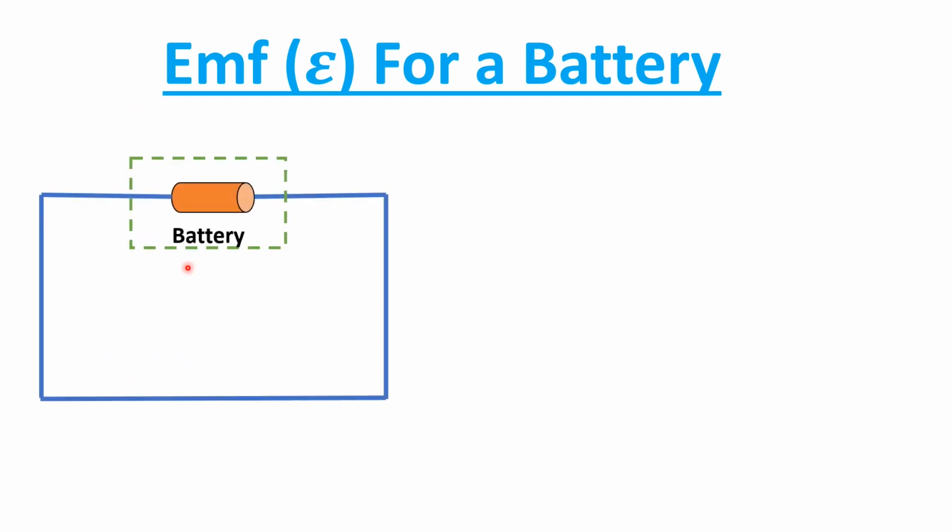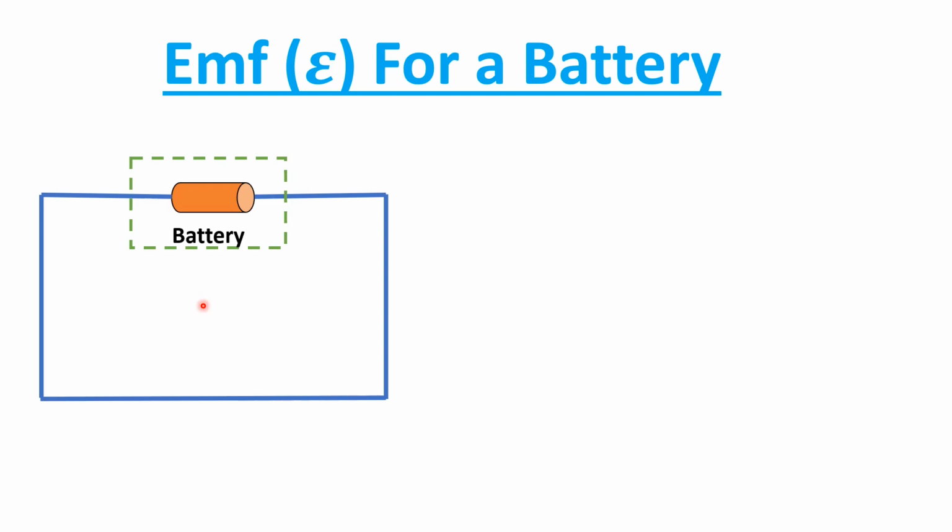Now at this level, we are going to obtain the analytical expression for the EMF of a battery, and later on we are going to obtain the analytical expression for the EMF of a motor, and we are going to compare these two expressions. If you have a battery connected to a circuit as such, where no resistance is connected to draw a certain current from the battery, then the potential difference across the ends of this battery is maximum since no current flows through it.